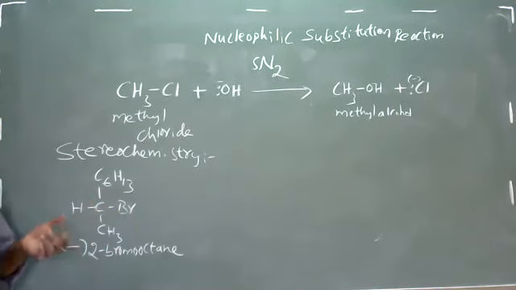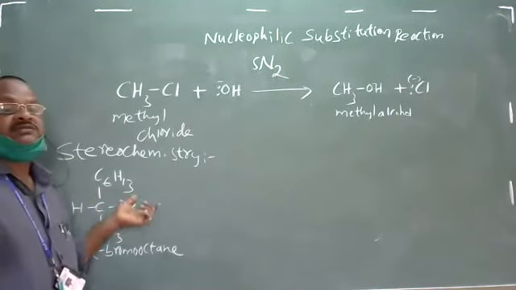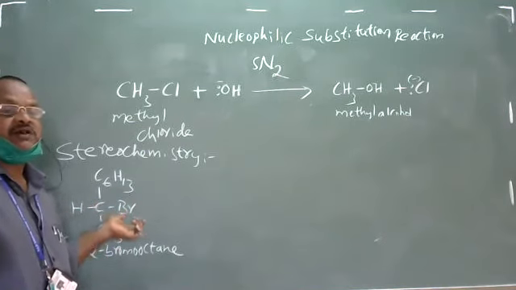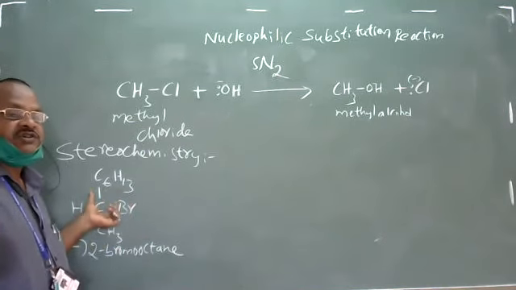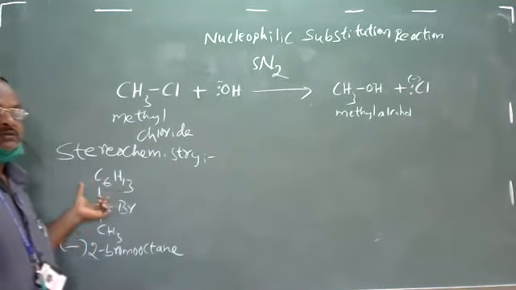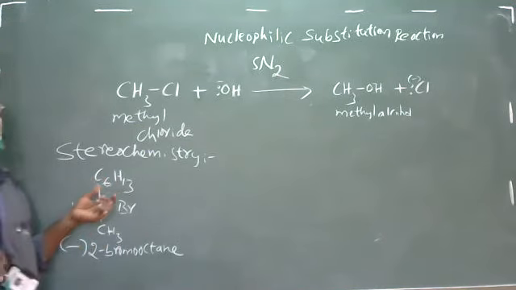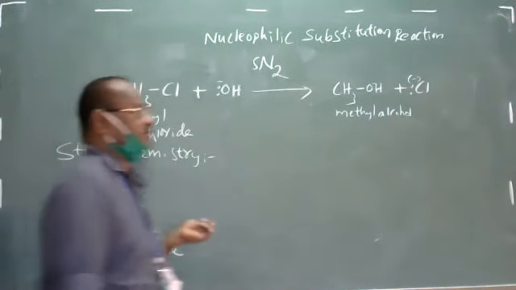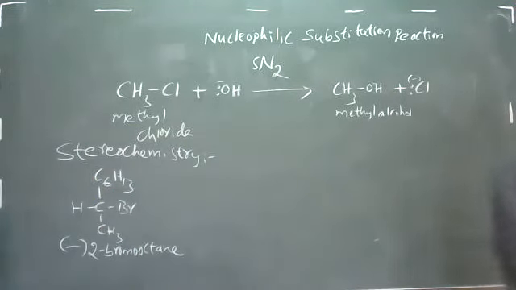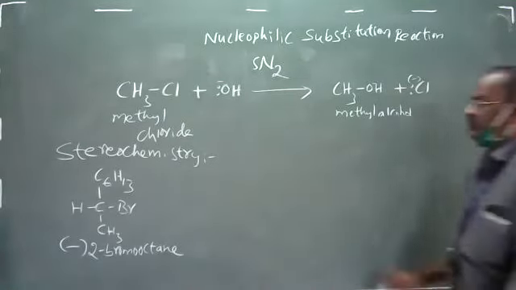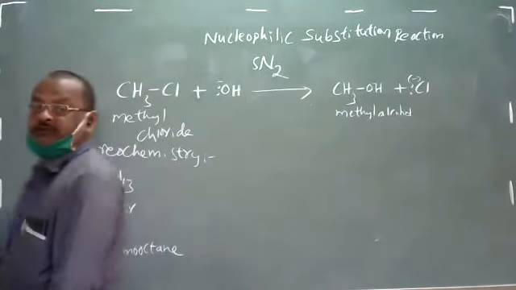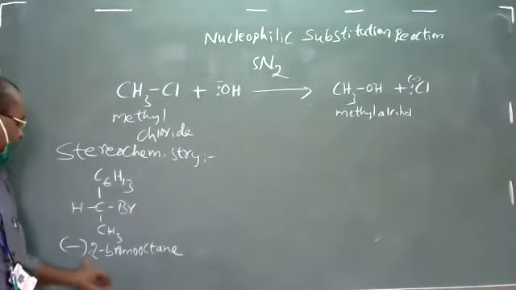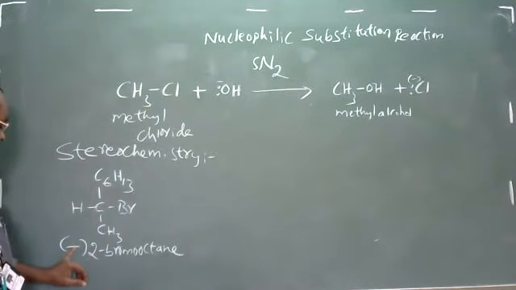Chiral carbon means carbon attached to 4 different atoms, which is optically active carbon. Optically active means the compound can rotate plane polarized light towards either the right side or the left side, which is known as optical activity. And this optically active molecule is the levo form of this particular molecule.